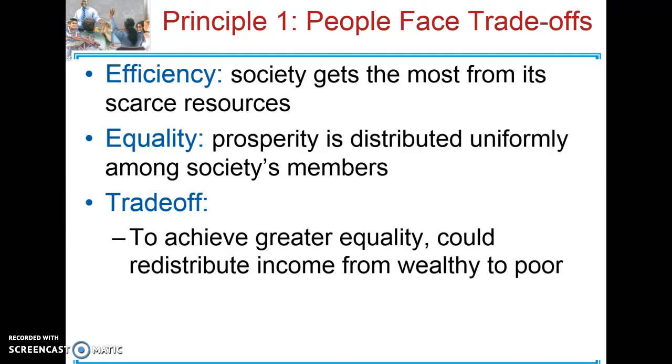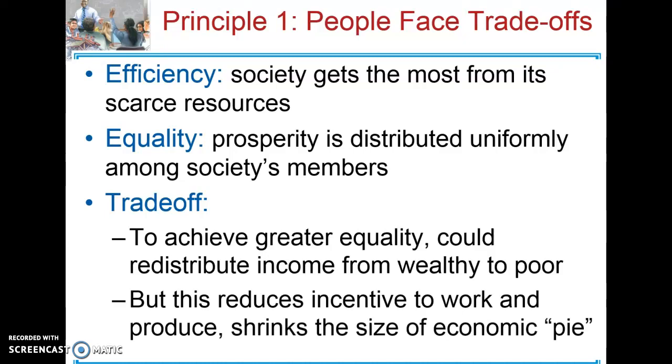So in the US, we have a progressive tax system. So you can take a portion of our taxes and set up programs to help poorer people. But this trade-off reduces the incentive to work and produce and shrinks the size of the economic pie.